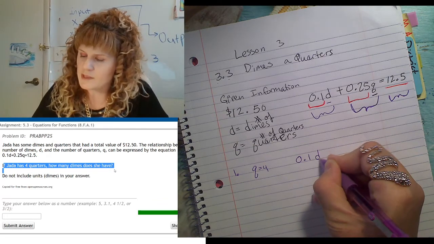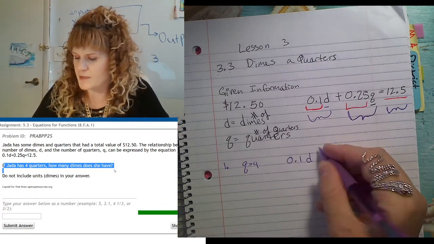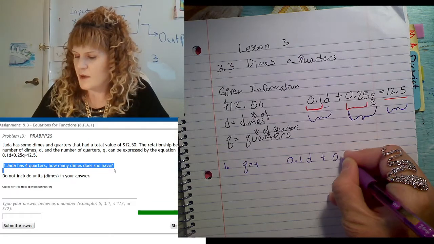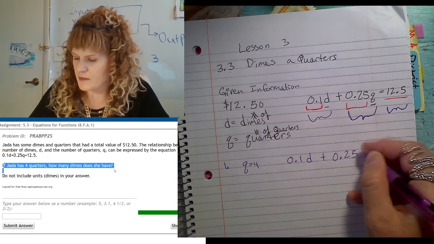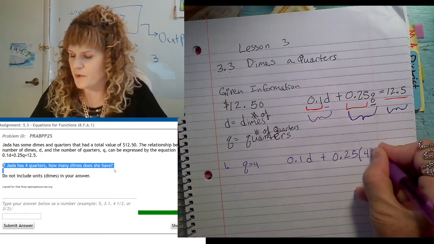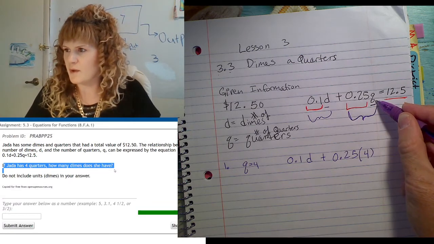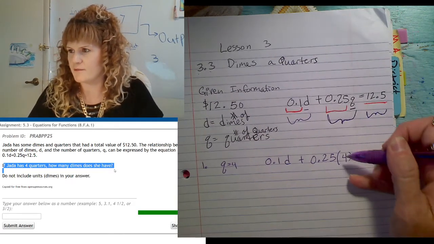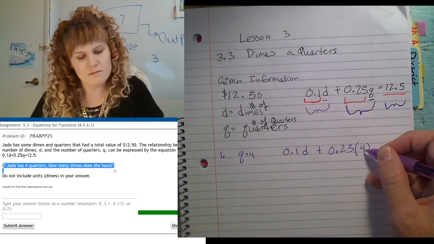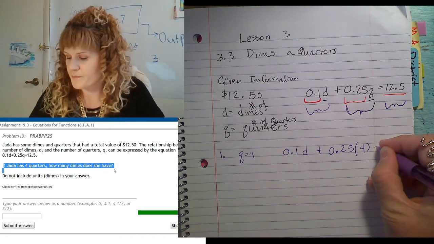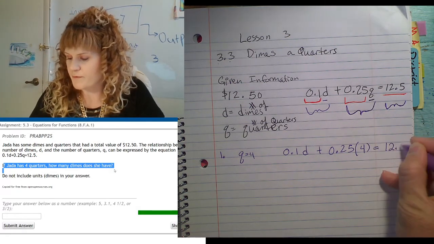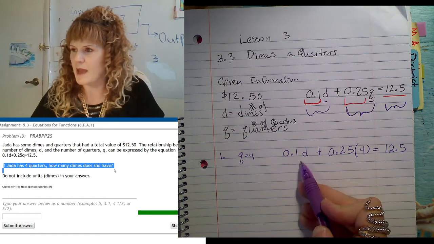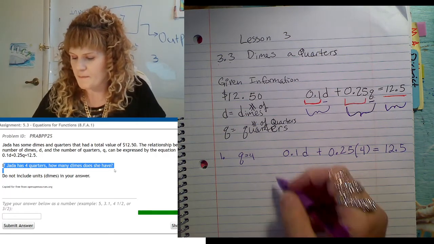Well, I'm going to have to solve the equation for dimes. So I substitute in the value of Q, and that's 4. So here's Q in the equation, but I substitute in 4 because she has 4 quarters. And that equals 12.5. Okay, now do the math and solve for D.